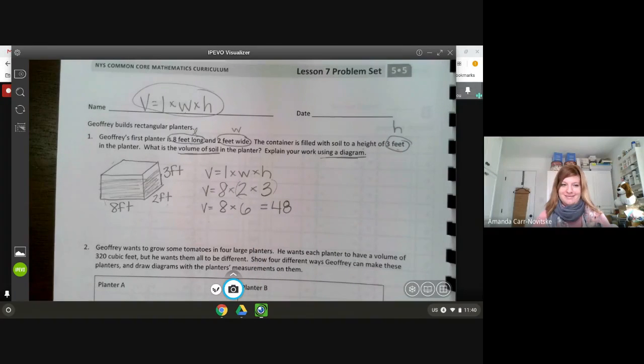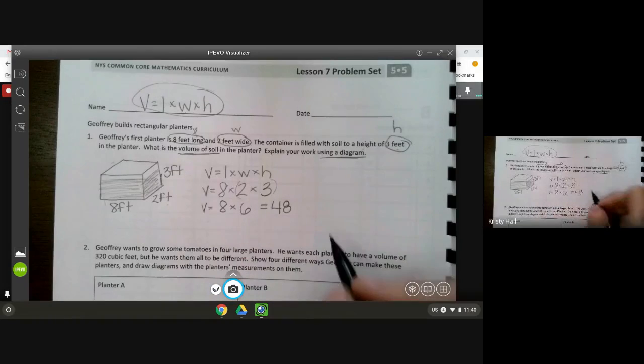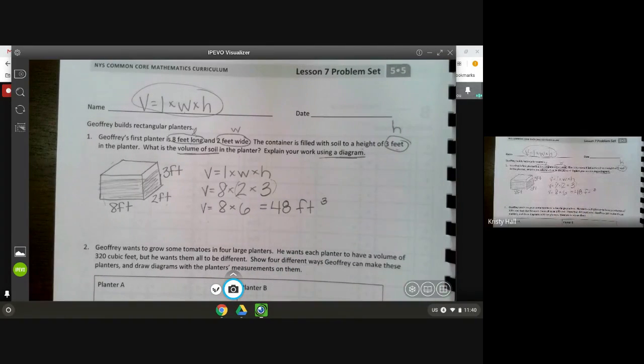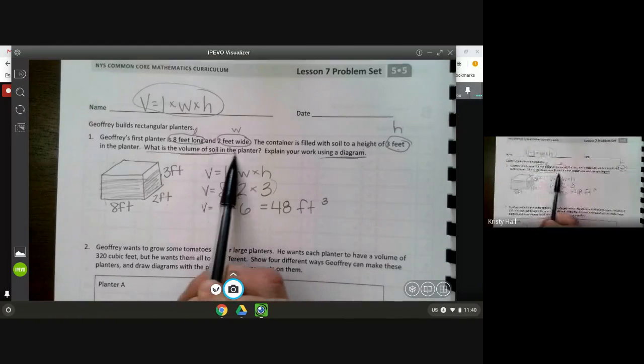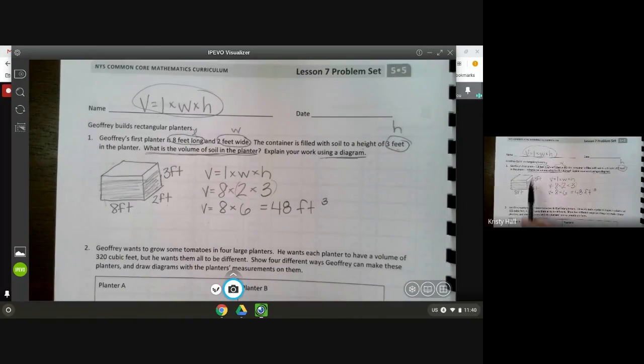And then I have to go back and check my unit. So my unit is feet. Everything is in feet. So I'm going to label it feet. And then put the little 3 there to make it cubic feet. And then since it's a word problem, we do have to do an answer statement. So I'm going to revisit the question. And this kind of goes along with races where we have to restate an answer.